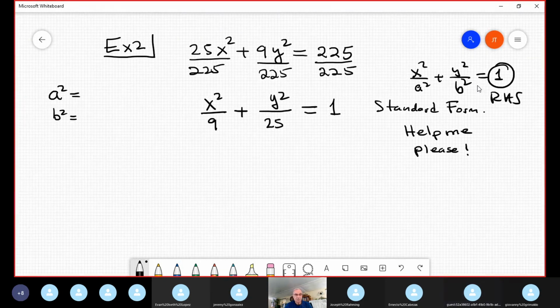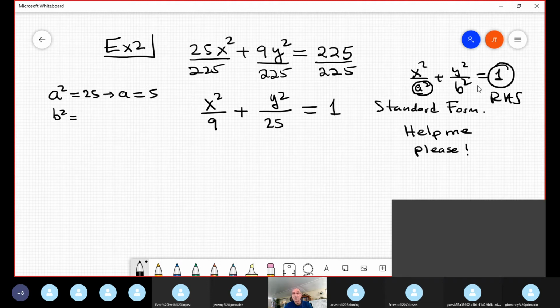A squared is the big number. The big number is 25, no? So A squared is 25. Therefore, A alone is 5, the square root. And B squared is 9. Very well. A is 5.